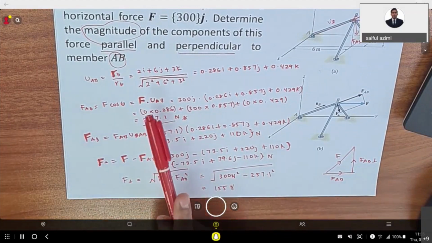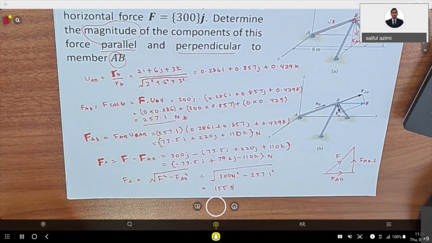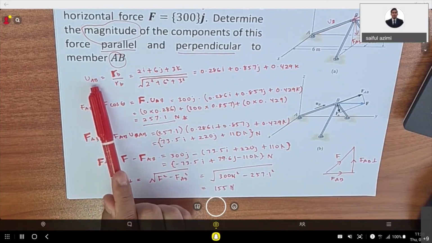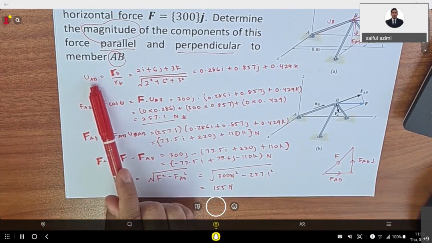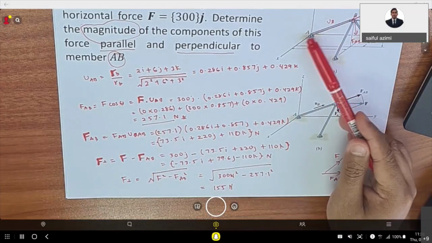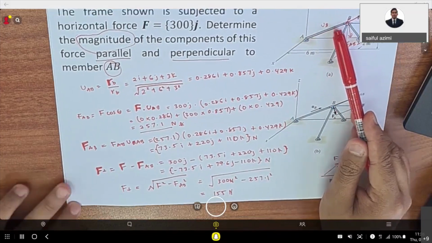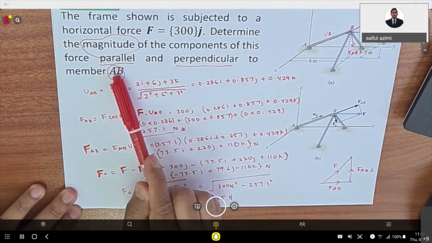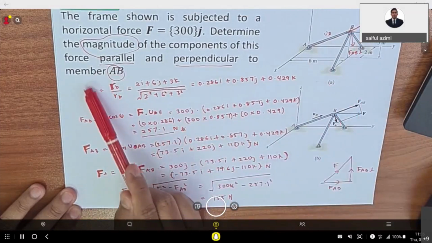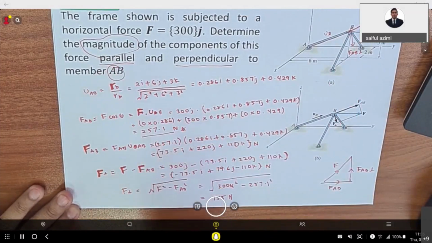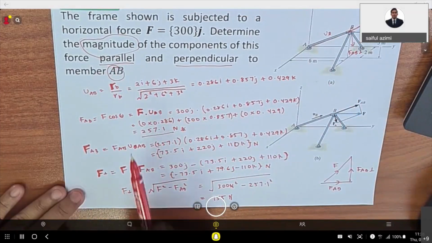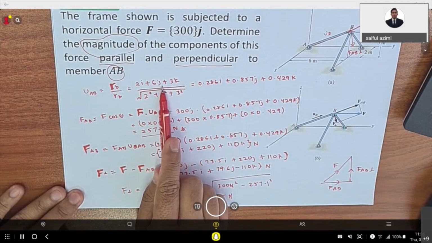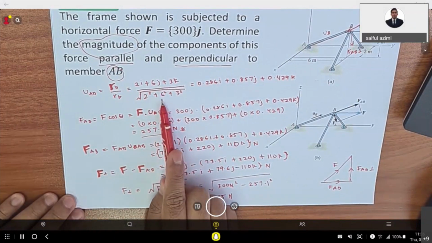So you can just use the dot product, right? First, you must find the unit vector of the axis that has been specified. In this question, they want axis AB, right? So you find the unit vector of axis AB. To find the unit vector, it is actually the position vector over the length of the position vector.